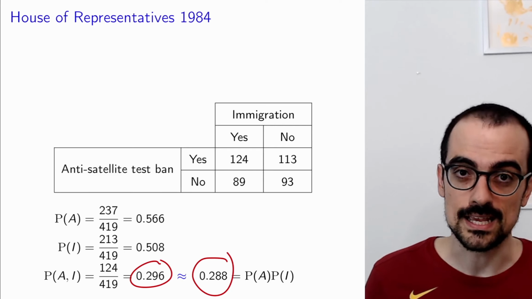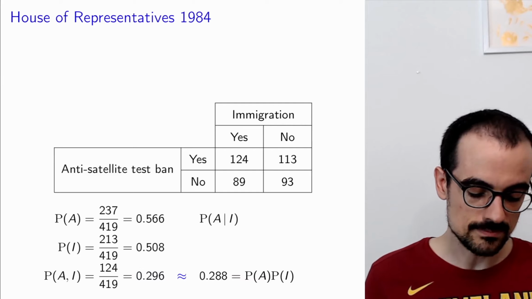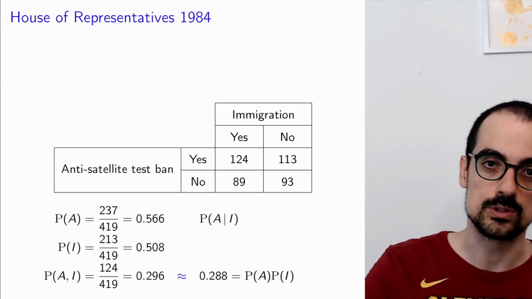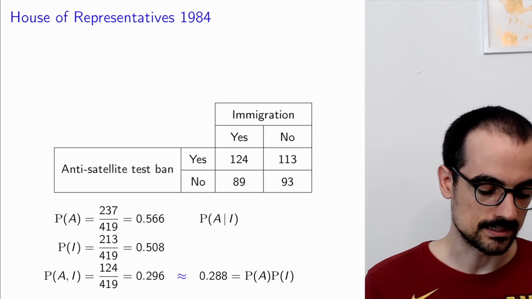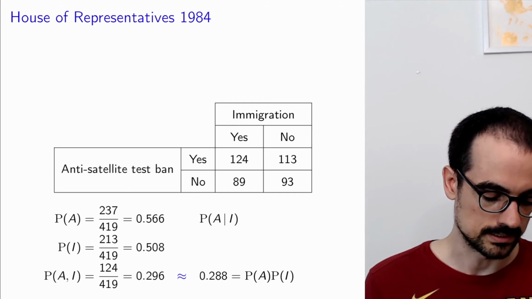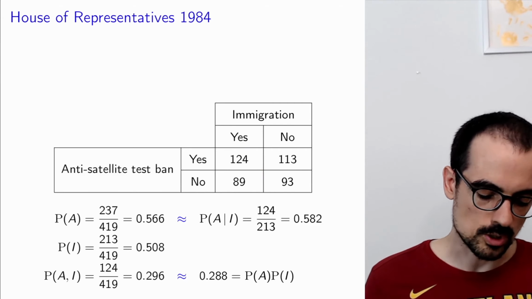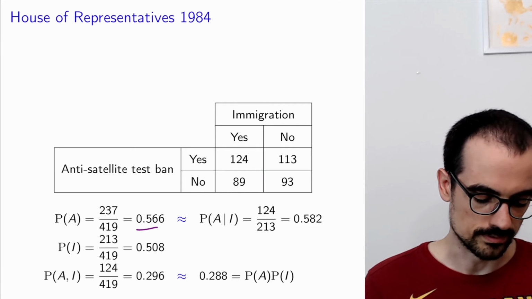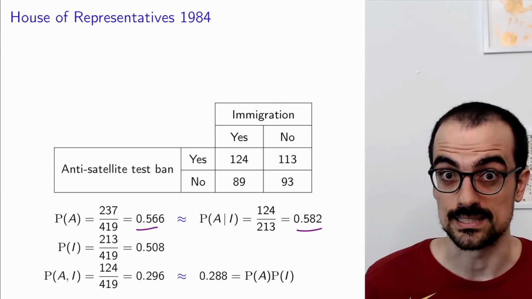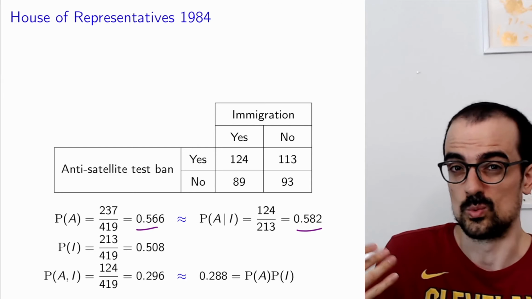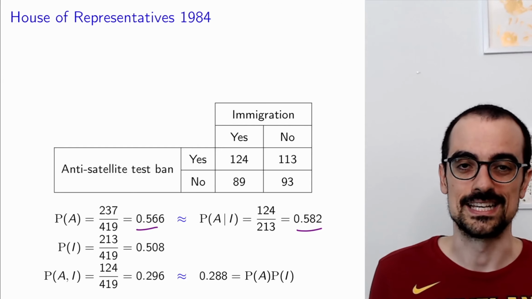What we can definitely say here is that if we estimate the conditional probability of A given I, so that's the probability that someone votes yes on A given that they voted yes on I, so we look at these guys and see how many of them voted yes, well, that conditional probability is very close to the probability of A, which is what we care about at the end of the day.